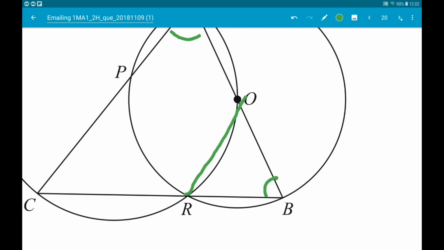So, in cyclic quadrilaterals, opposite angles add up to 180 degrees.